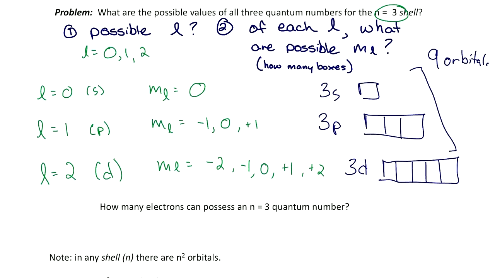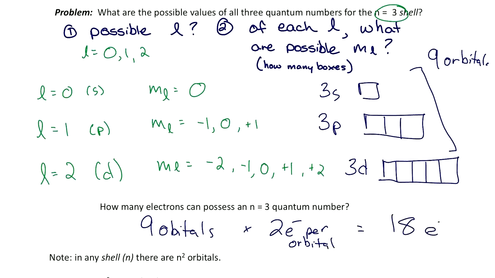And what's the trick there? We know that we have 9 boxes, 2 electrons per box, so that means 18 electrons can fit within this shell. So 9 orbitals times 2 electrons per orbital, and so that's 18 electrons.